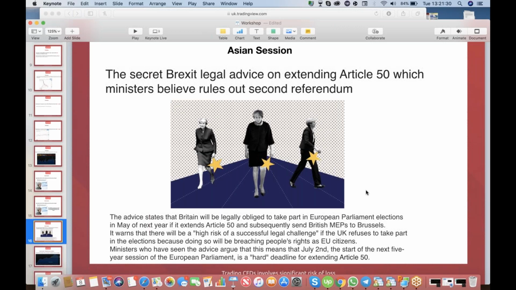It would be a very, very odd situation, so odd that the actual time for Britain to leave the EU in an acceptable way, according to this legal advice, was July the 2nd. Okay, so that is a hard deadline for extending Article 50.